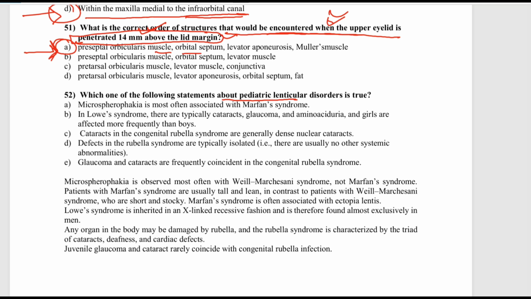So we have to choose the right one here. The correct option is C. Cataracts in congenital rubella syndrome are generally dense nuclear cataracts. Why are the other options wrong? Let's study here. Microspherophakia.